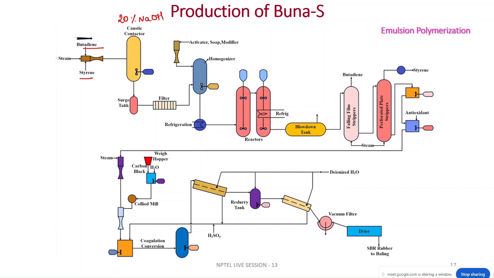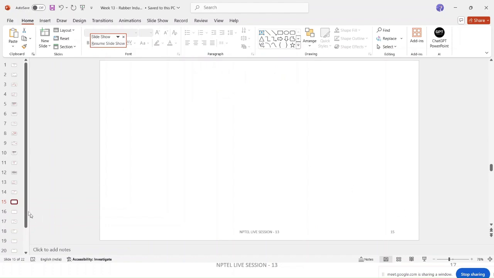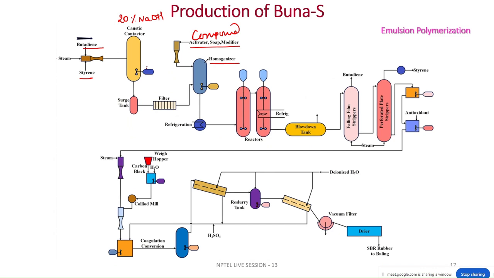After purification it is passed to a surge tank and then a filter. From the filter it is fed to the homogenizer for proper mixing with the activator, soap and modifier, which are known as compounding agents. So it should be properly mixed, that's why it is sent through the homogenizer.